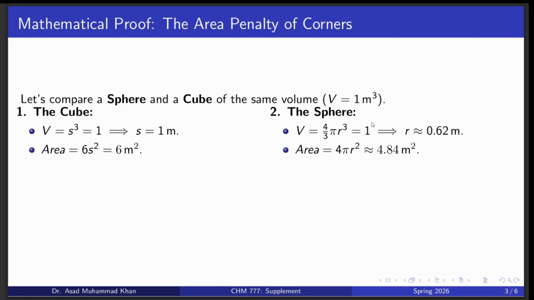In case of sphere, we have 4/3 pi r cubed equal to 1. ठीक है, r हो गया तो आपके पास r 0.62 मीटर, तो एरिया आ जाएगा, area will be 4.84 meter squared. तो यहाँ पे आप देख रहे हैं that there is a big difference between the two areas. The area of the sphere for the same volume is smaller. ठीक है.